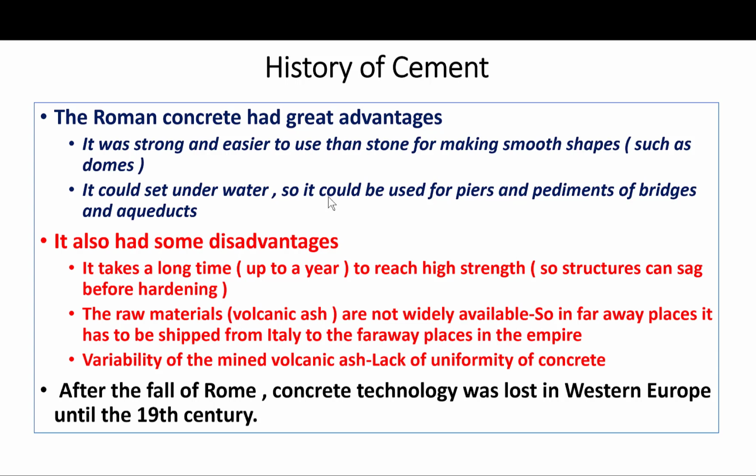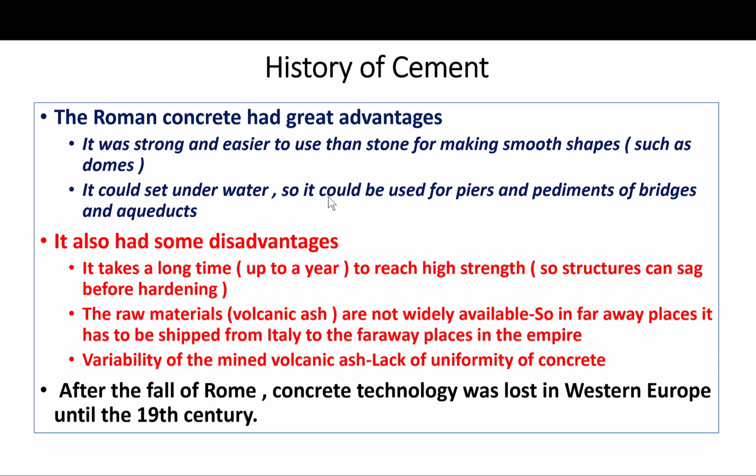It was strong and easier to use than stone for making smooth shapes such as domes. It could also set underwater, so it could be used for piers and pediments, bridges and the aqueducts. This is what the Romans used to provide water from a distance for their cities.